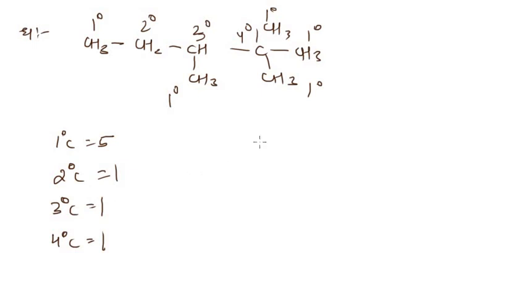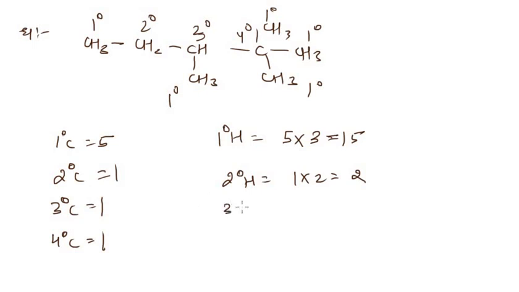We have 1. Now how many 1 degree hydrogen do we have? We have 5 1 degree carbon and 3 hydrogen on each 1 degree carbon. And 2 degree hydrogen we have 1 multiplied by 2. 3 degree hydrogen we have 1 multiplied by 1. And 4 degree hydrogen we have 0, because we know 4 degree hydrogen does not exist.